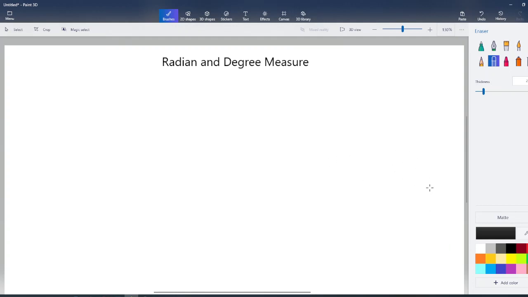We can use degrees, that's one way to use angle measure, or we could use radians, that's another way to describe angle measure. And just like feet and meters, radians and degrees, there's not one that's better than the other. It is really just a difference of what system you're using.